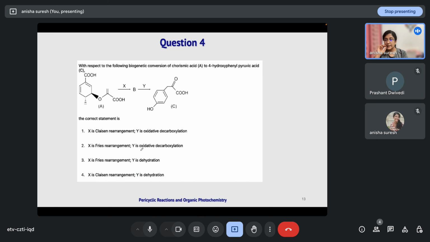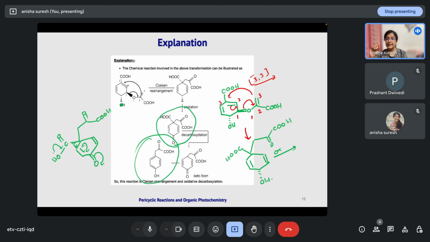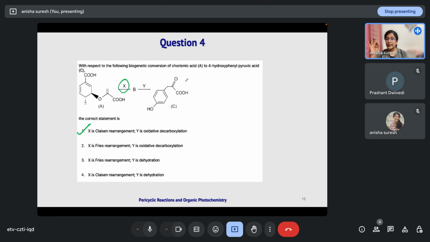So the right answer will be option 1, that is X is Claisen rearrangement, that is first a Claisen rearrangement will take place resulting in the formation of B. So this will be the B, and after that an oxidative decarboxylation reaction will be taking place resulting in the formation of C. So this is according to whatever we have learned in week 4 modules, this is the important part.